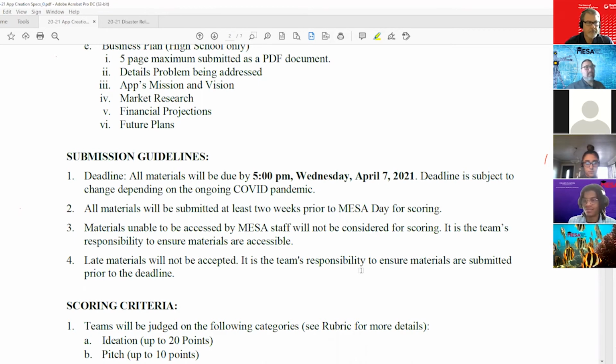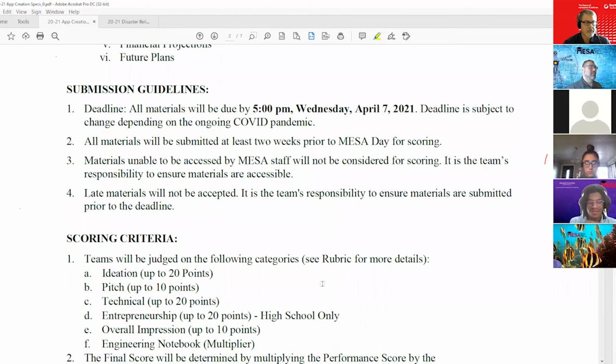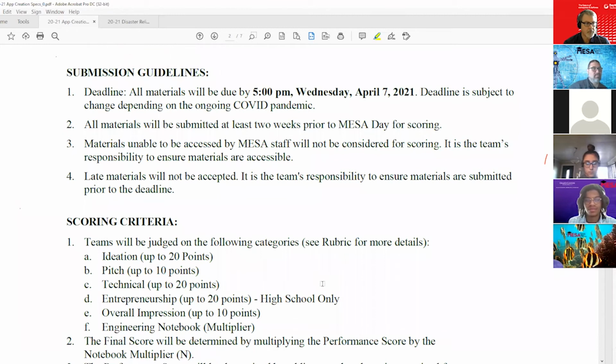I've seen it happen. That's not uncommon. It's even happened at the national competition with MESA, where people unfortunately had their scores affected because they said, well, I was traveling and I didn't realize I wasn't going to have internet access at the hotel, so I couldn't turn in my thing on time. We're sorry, the deadline was the deadline. Questions about that piece, the boring piece?